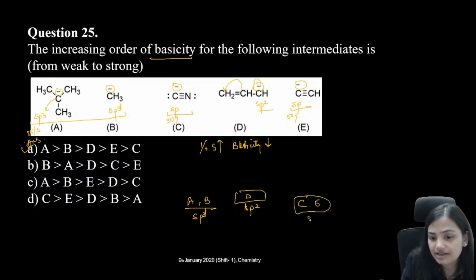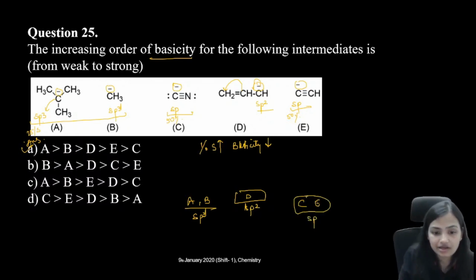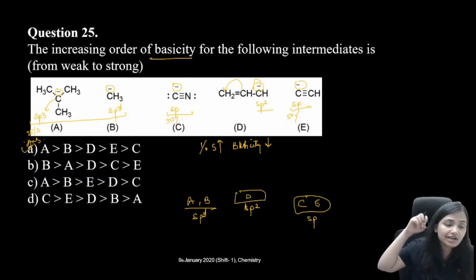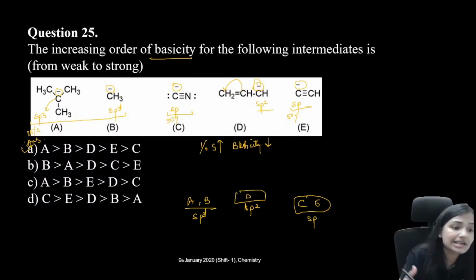Because they are sp. Okay, this is the reason. Now out of A and B we can see which is going to be the strongest base. Here we have the electron density factor. Of course the alkylated anion is going to be more basic. So ultimately A is going to be more basic as compared to B. Now of course D will come.